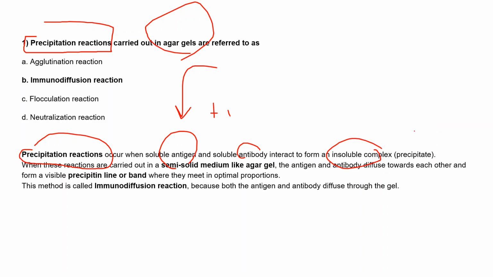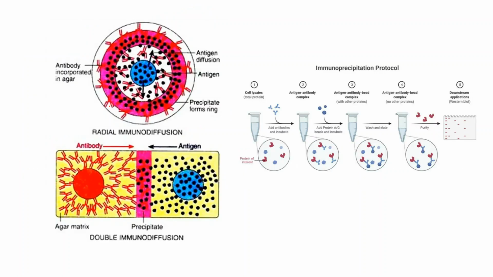So this reaction when it is carried out, we call it precipitation reaction. This is the antigen and this is the antibody. When there is the zone of equivalence, when the antigen and antibody concentrations are the same, then it will form some precipitation.